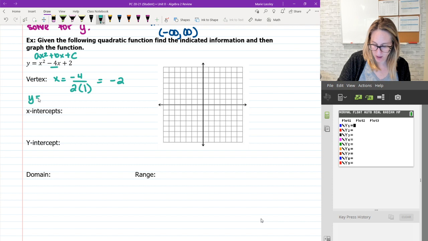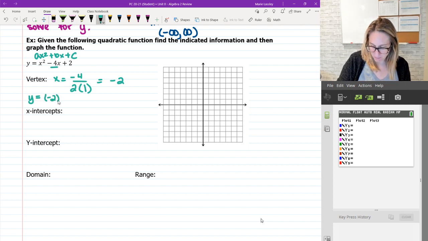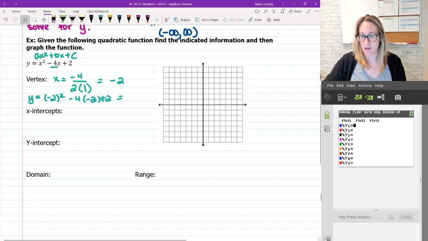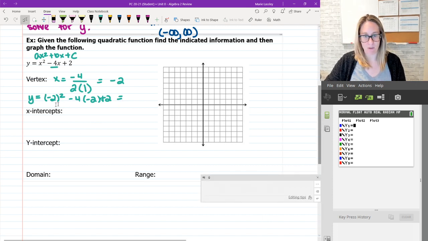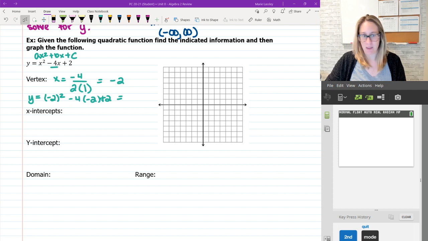So that's what I'm going to do. I have y equals, now instead of x squared, I have -2 squared minus 4 times -2 plus 2. All right, and then I can go ahead and use my calculator. You could do this in your head if you're feeling extra fancy.